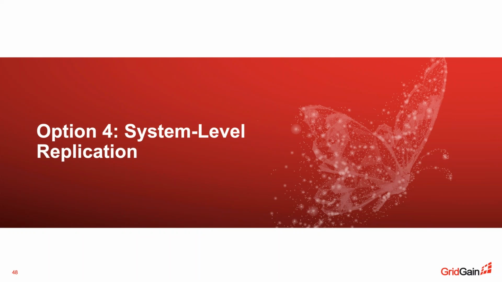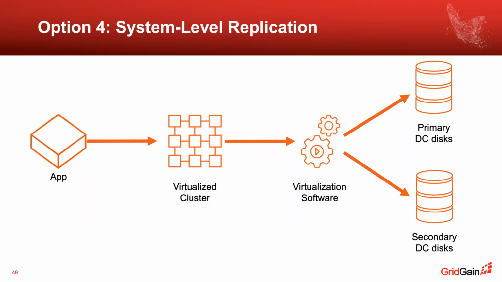So the next option I want to talk about briefly is system level replication. And what I mean by that is a virtualized system. So say we have an application which is connected to a single virtualized cluster running on a virtualization software layer, which can be either a virtualization stack like VMware or VirtualBox, or it can be a cloud provider, a public cloud or private on-premises cloud, anything like that.